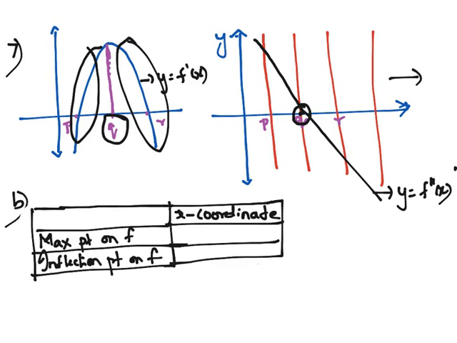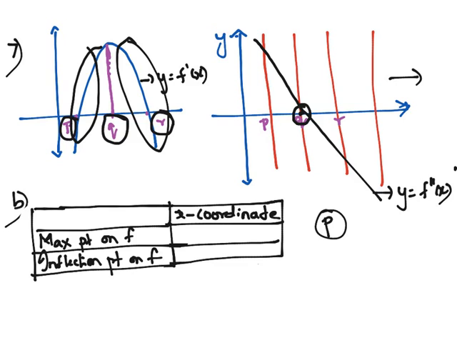Please look at the x-intercepts in f dash of x, that is p and r. This p and r will be the stationary points for f of x, isn't it? Right? P and r will be the stationary points in f of x. So let me take the point p.